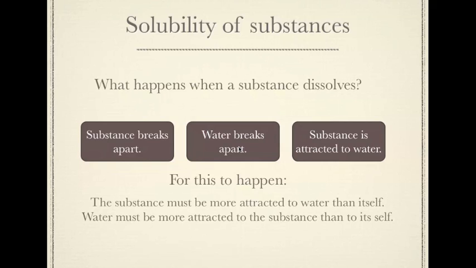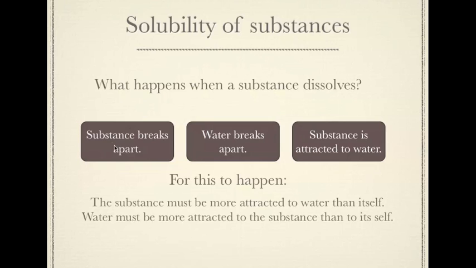In order for a substance to dissolve, it needs to be evenly dispersed throughout the water. So what has to happen? The water must move around and move apart to allow that substance to go in there. So the water molecules must break apart. And last of all, most importantly, the substance must be attracted to water. So these three things are the key things in the solubility of substances.